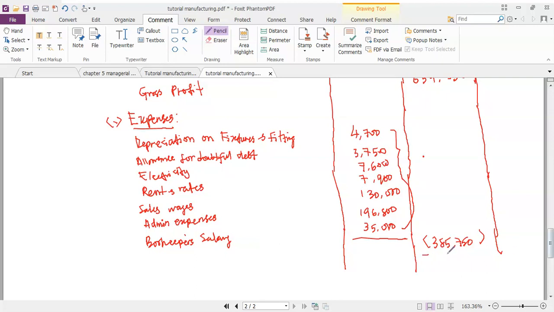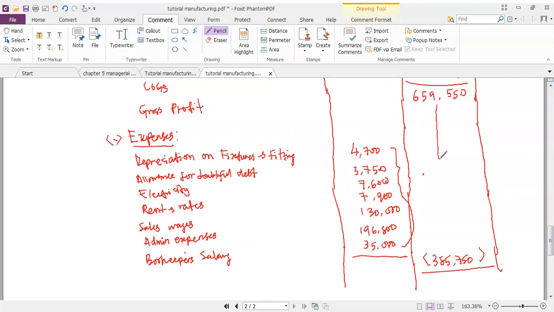Very good. So they just less, okay, in order to get the net profit, gross profit minus with expenses. 659,550 minus with 385,750. So what is your answer?